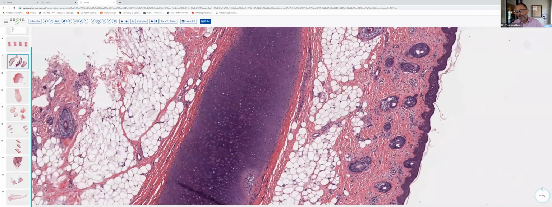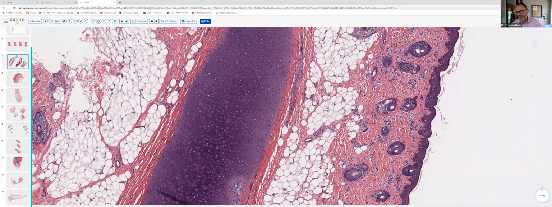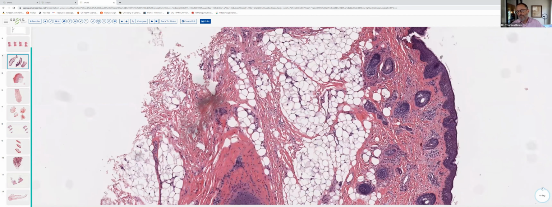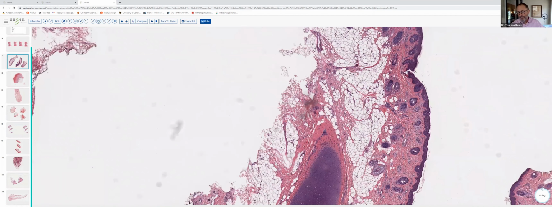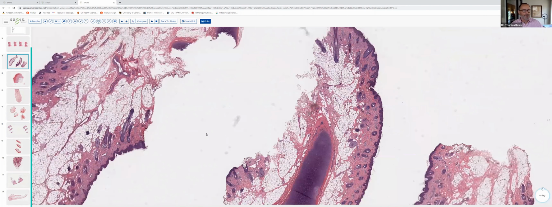And on ear, one can frequently see an increased number of vellus hair follicles, these small miniaturized folliculo-sebaceous units. This is very characteristic of the ear. One can get a similar concentration of these vellus hair follicles near the eyelid too, and near the cheek, but obviously we've got cartilage here, and the overall configuration is most suggestive of ear.